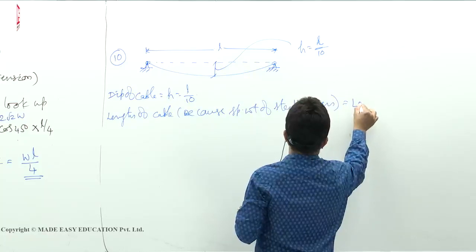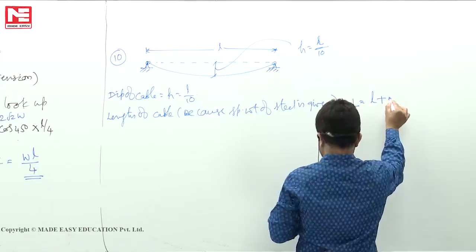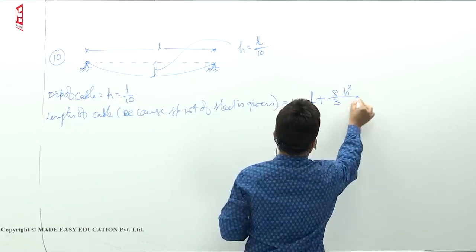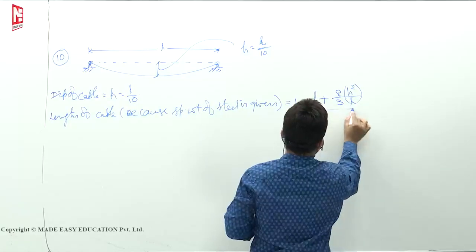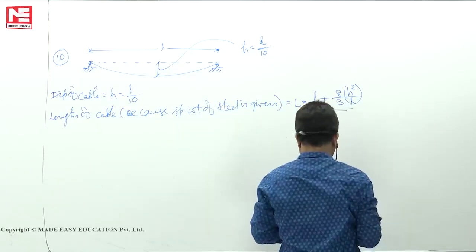So we have to calculate the curved length of the cable, which is the actual span plus 8 by 3 into h square by L. I didn't derive this formula. If you take the parabolic equation, that curve length you will get.